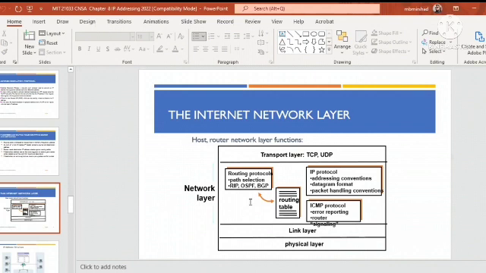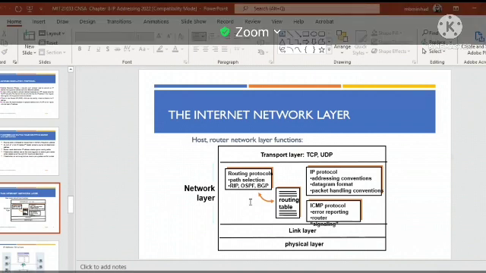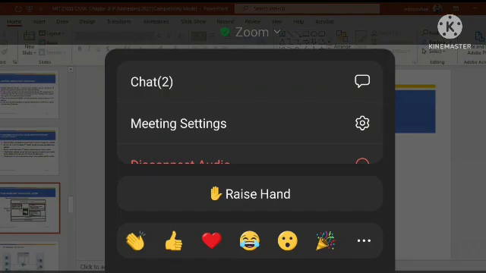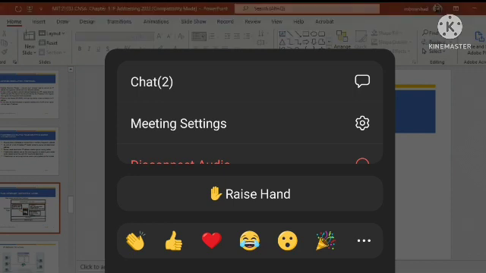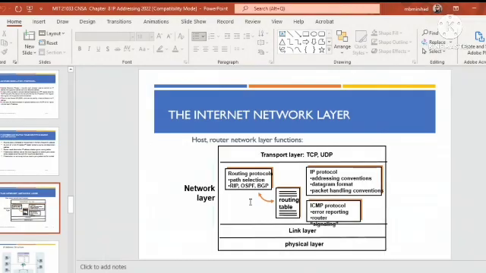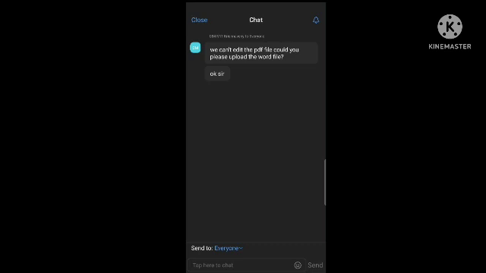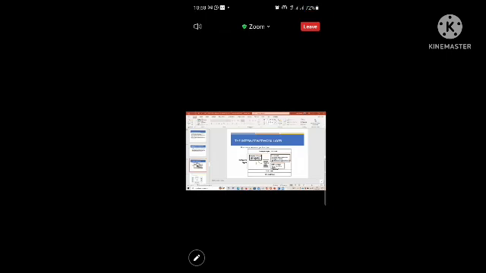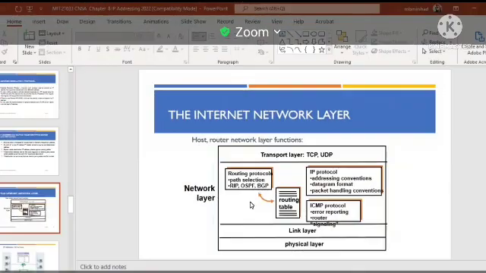Then there are some virtual routers online you can try out, and if you have Packet Tracer from Cisco, you can download it and configure simulated routers yourself and do the work. Anyway, I will also show you later how you can work with Packet Tracer.